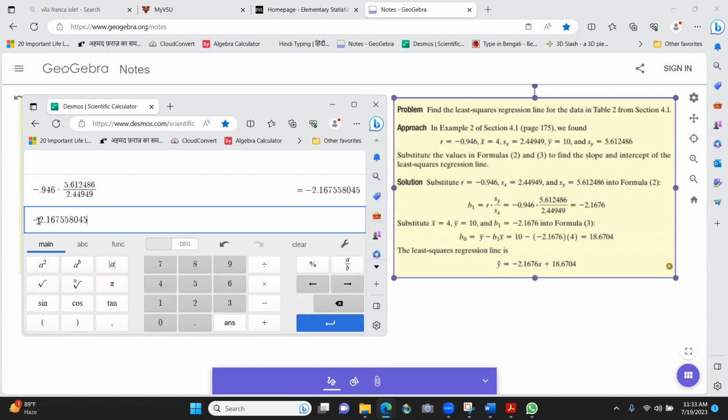I'm going to put it here, and multiply it by x bar, which was 4. And then I'm going to add y bar, which is 10. And I get 1 point... Oh, it's minus. My bad. I get 18.67. So we got the same thing.